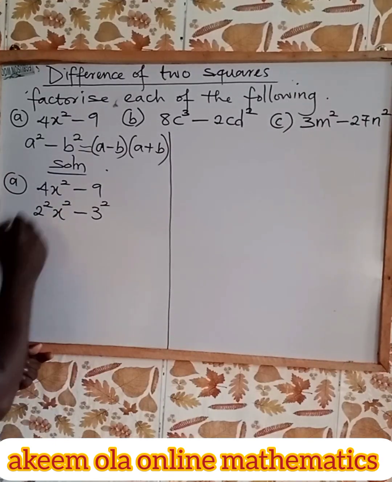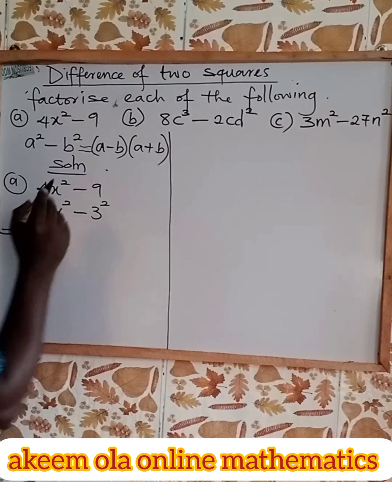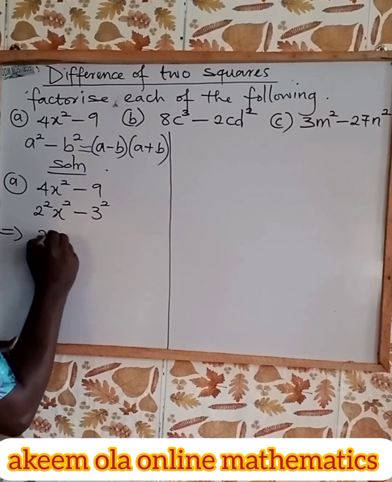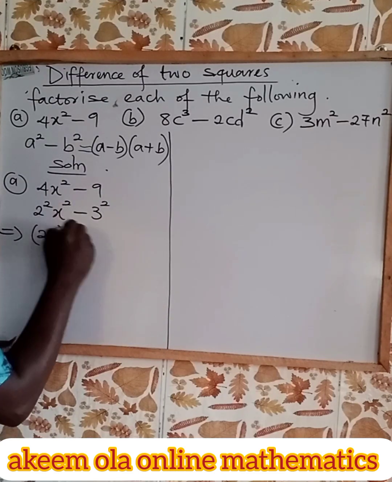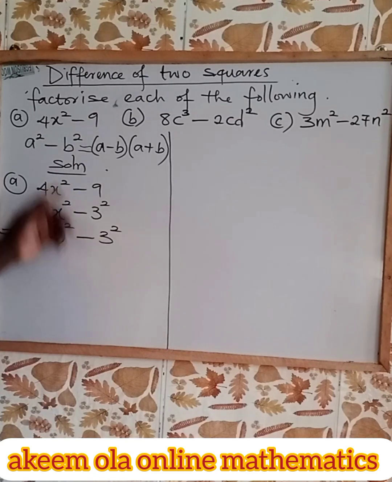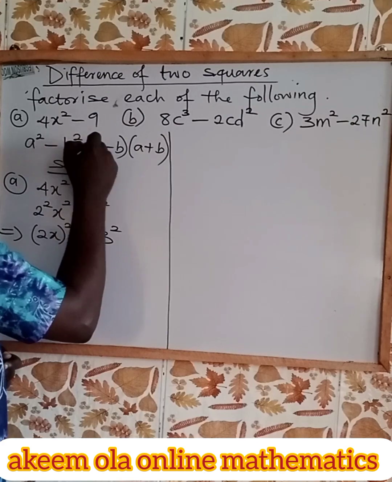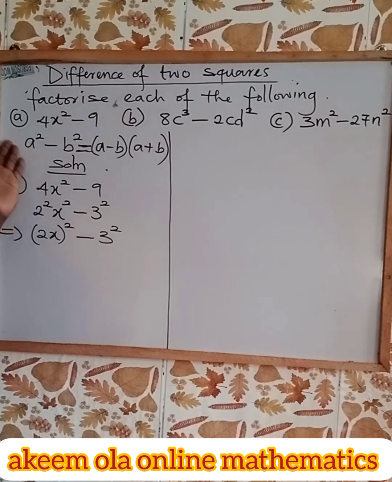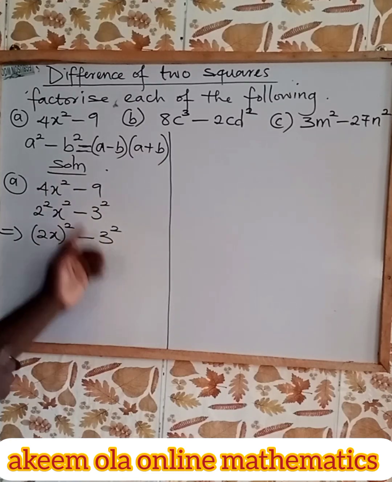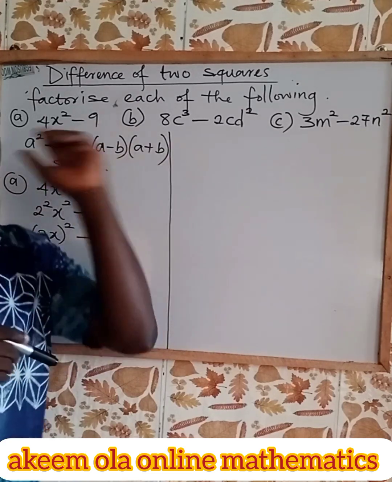Going further, the square is common, so we can take the square out. That means we now have (2x) squared minus 3 squared, which is now in the format of what is given here. This is like the formula. As you can see, both terms are squares, so they can be expressed like this.